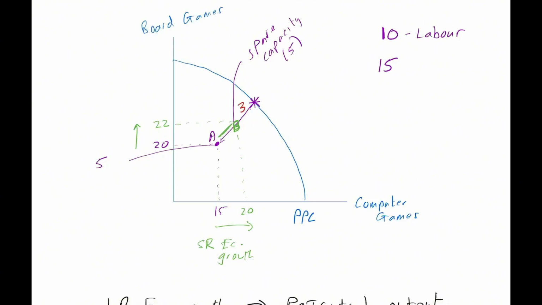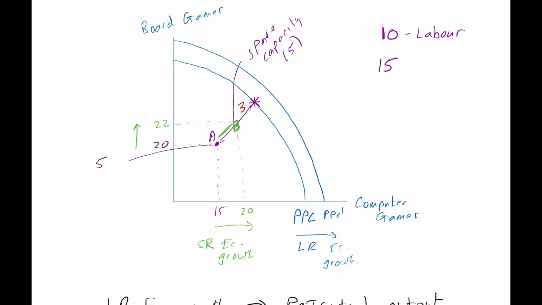Therefore, we have more units of labour available. We have more factors of production available. So this would result in an increase in the PPC from PPC to PPC1, and this illustrates long-run economic growth.